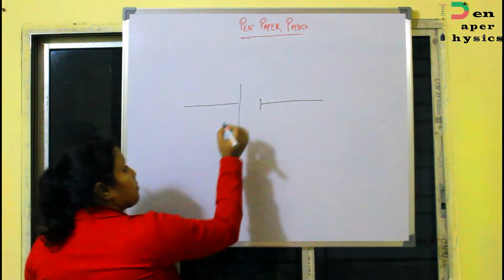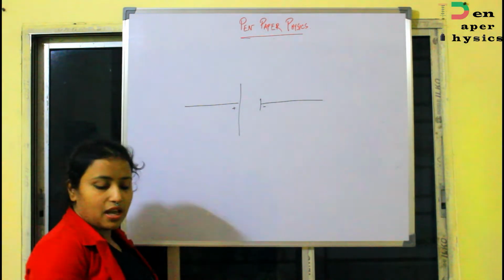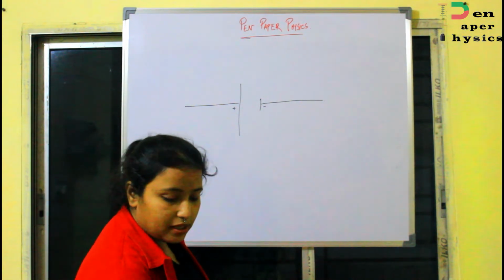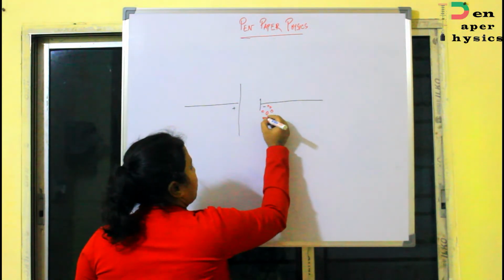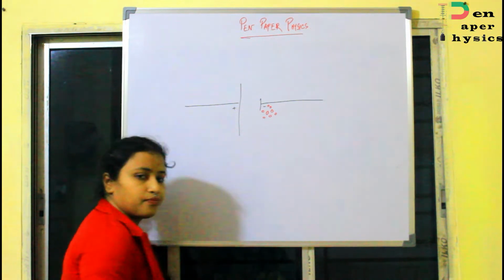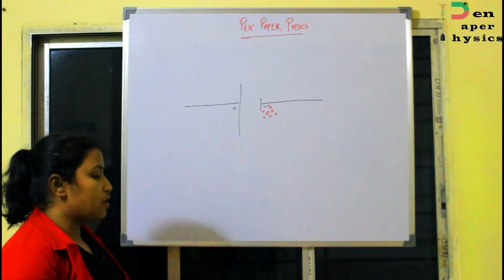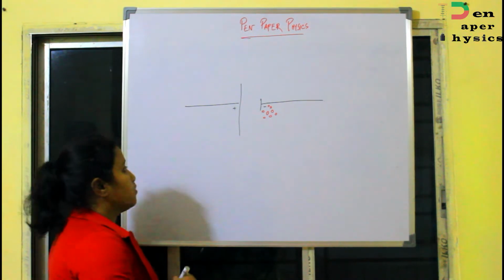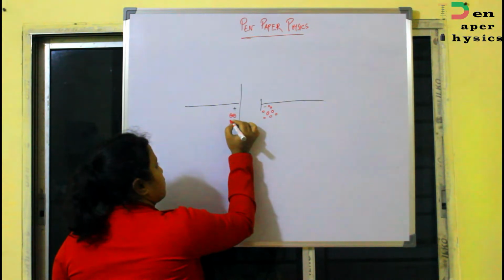This is the positive terminal and this is the negative terminal. Now what happens in the negative terminal? Basically, in the negative terminal we have more electrons, right? And in the positive terminal we have positive charges.